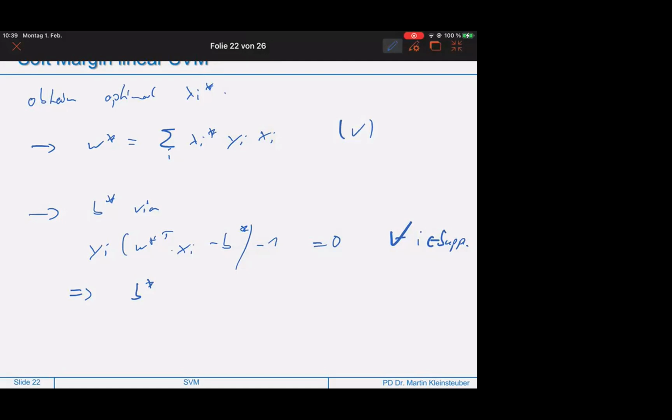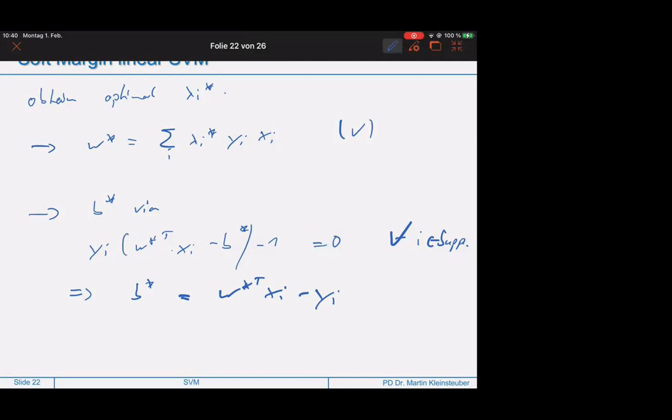Right? So that means that the B star is something like, so you plus 1 here, you multiply that with yi, so B star is W star transpose xi minus yi, right?